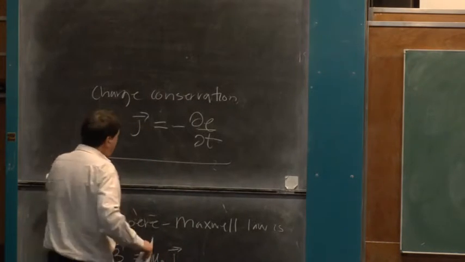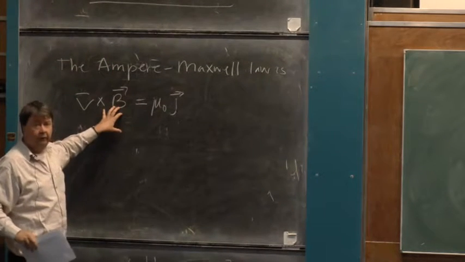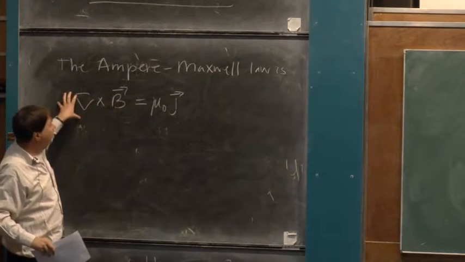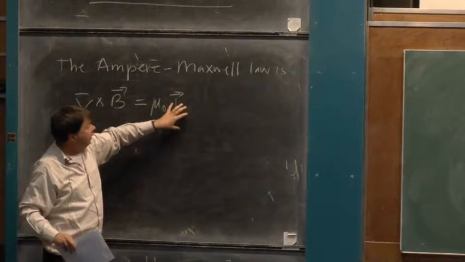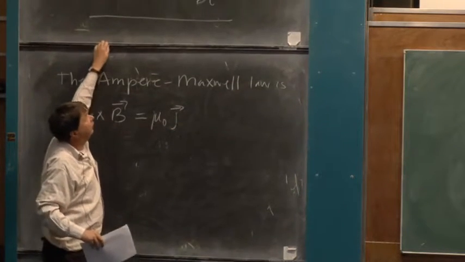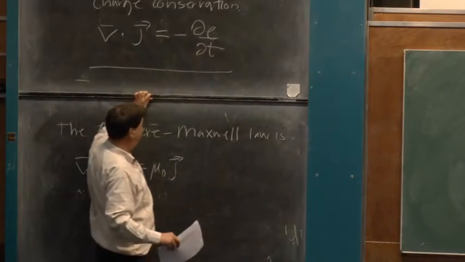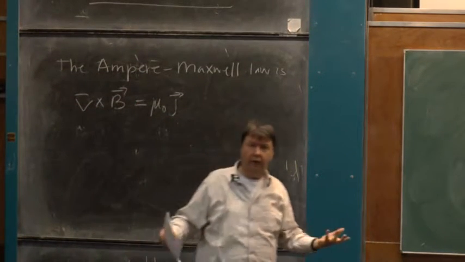And Maxwell took the divergence of this equation, and the divergence of the curl was always equal to 0. And if you take the divergence of J on this side of the equation, you get, of course, minus d rho by dt. And as I said, you've only got to move a bit of charge around, and that's non-zero.